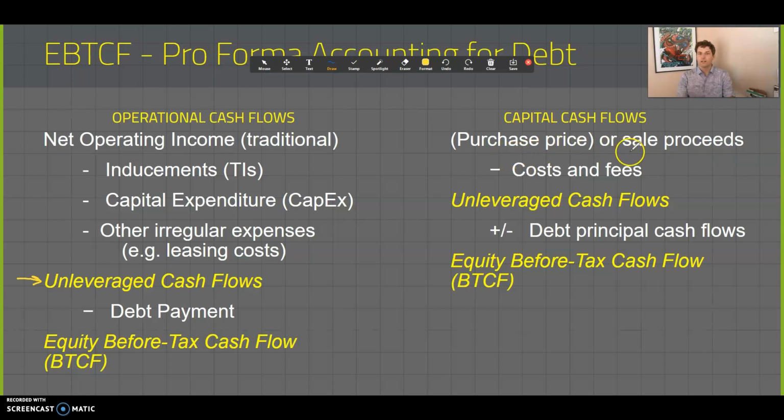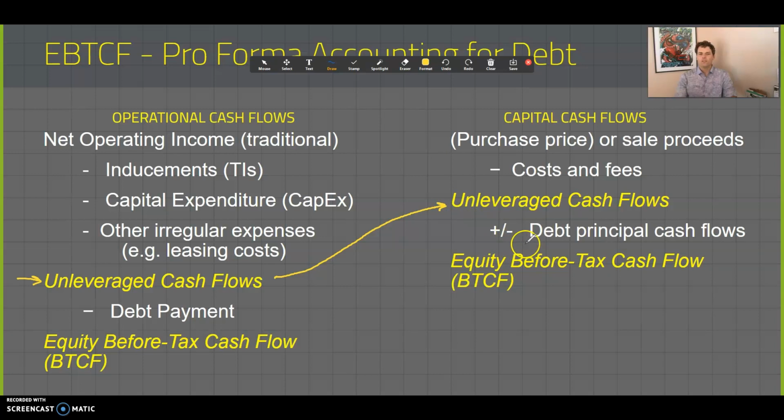On the other hand, when I sell the asset, I receive money from my buyer, and therefore it's a positive. So I'm always subtracting costs and fees. That's money flowing away from me for the services of brokers or other fees associated with a transaction. That gives me this same line, my unleveraged cash flows, just here in the capital sense at the beginning and the end of each holding period or investment.